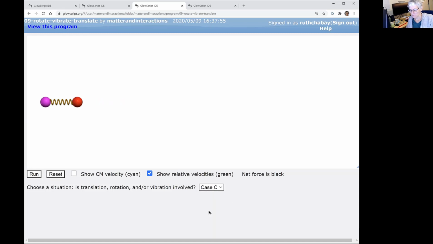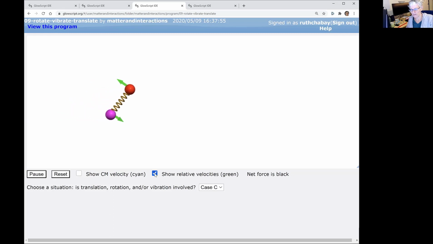Okay, let's think about this case. So the center of mass is definitely moving, right?